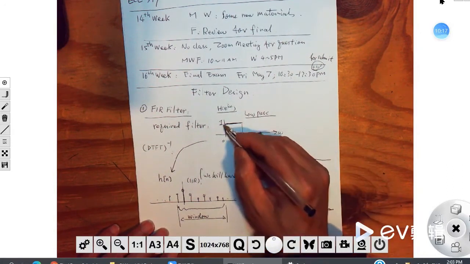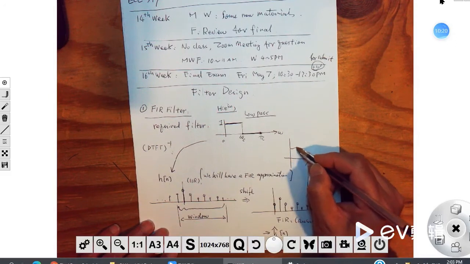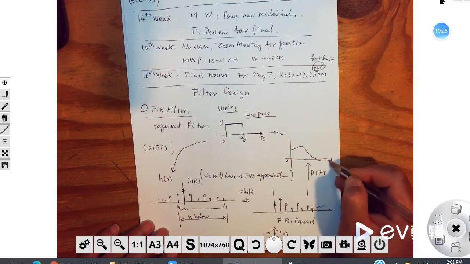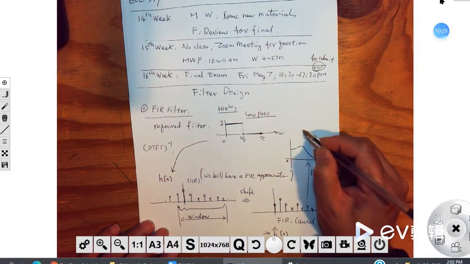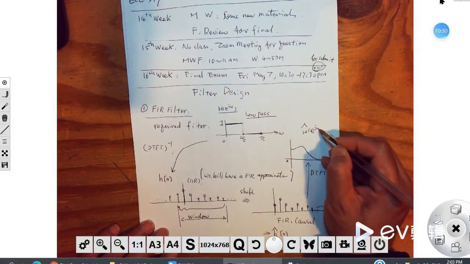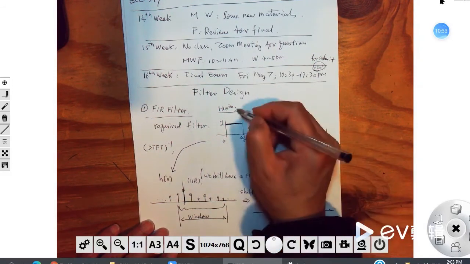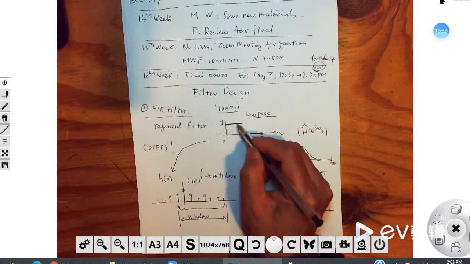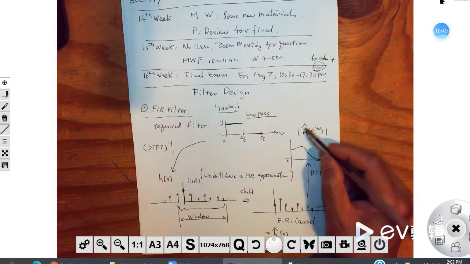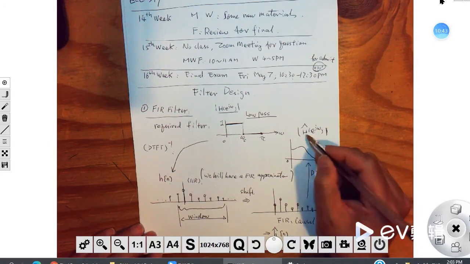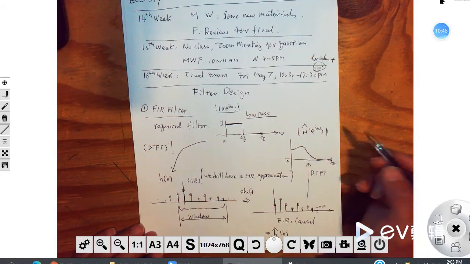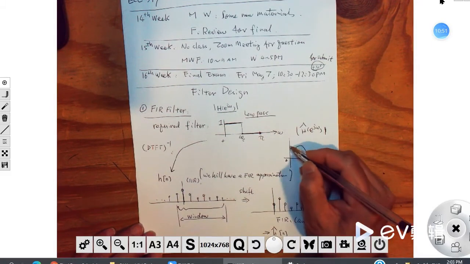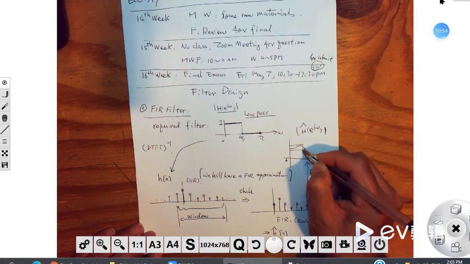Usually it is not such a straight line; it will look something like this. From 0 to pi, the magnitude of H hat of e to the j omega. Here is also magnitude, sorry, but for the ideal one it will be the same. But for this one, usually the magnitude will be different from the function itself. The function itself is a complex-valued function. And then here we need to separate the part like this.